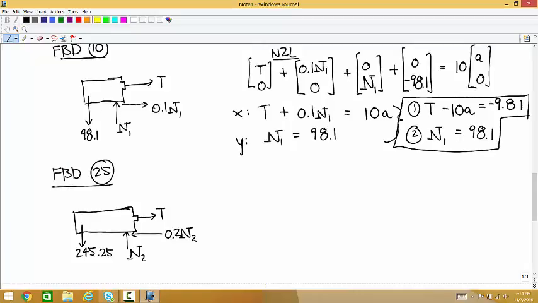This N1 and this friction force were contact forces between the 10 and the 25 applied to the 10. So if we want those same contact forces applied to the 25, we use the same values and just switch the directions. So we have N1 acting this way, and the friction force acting this way. And, oh, we know what those are. So I can just fill these in numerically.